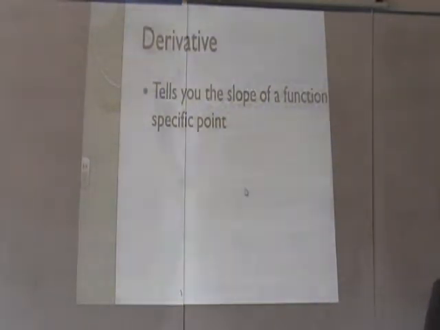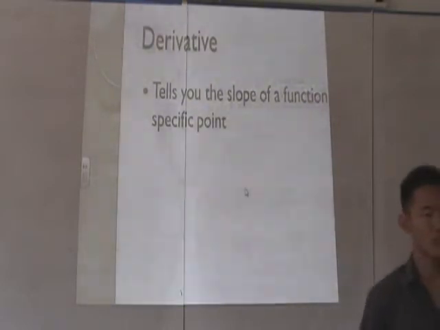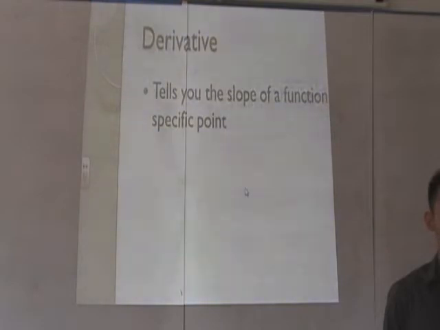In the last section we dealt with, all we were looking for was the slope of whatever function at a specific point, at a specific time. Are there any questions with that?